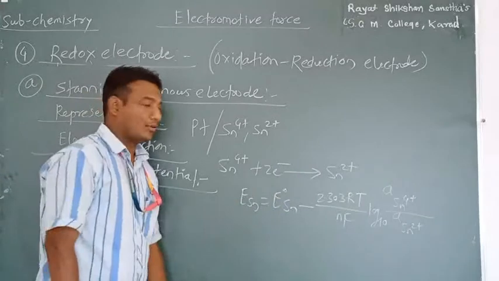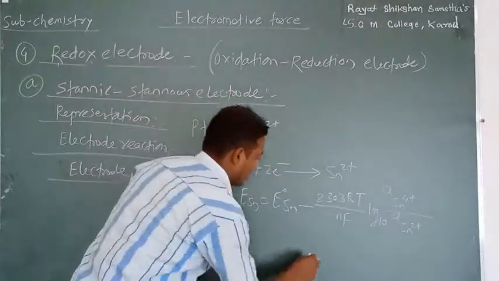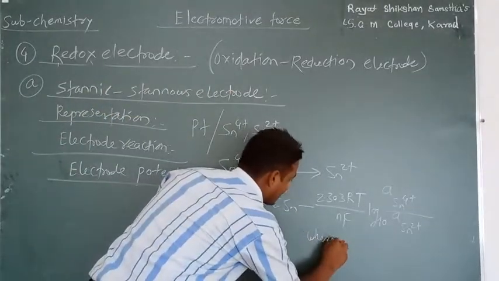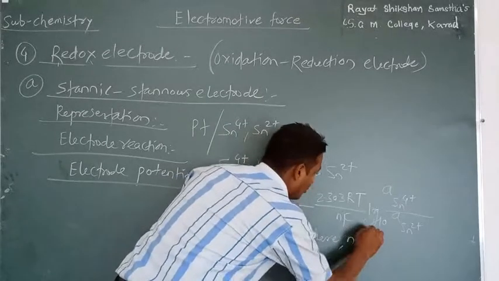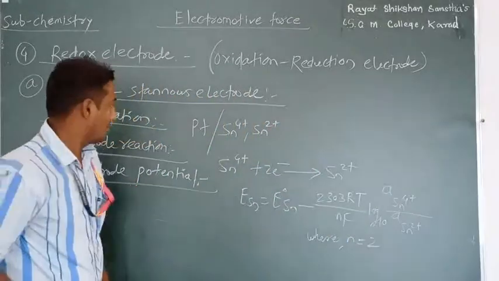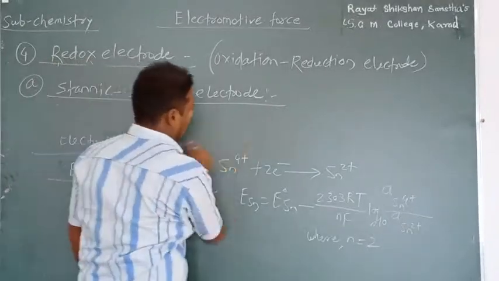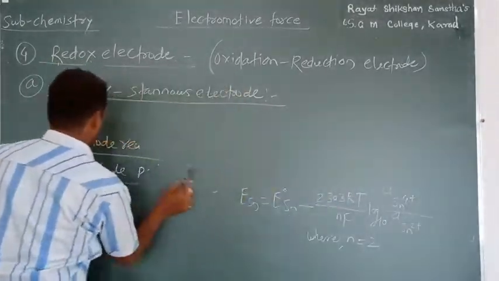Then we will put down the values, where N is equal to 2.